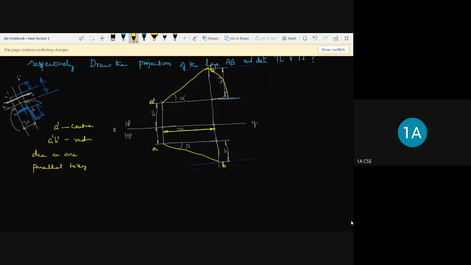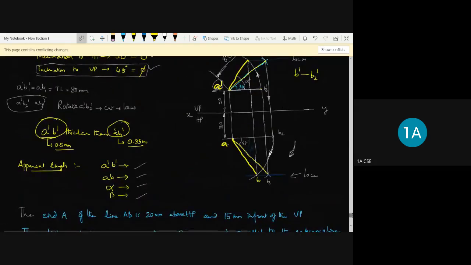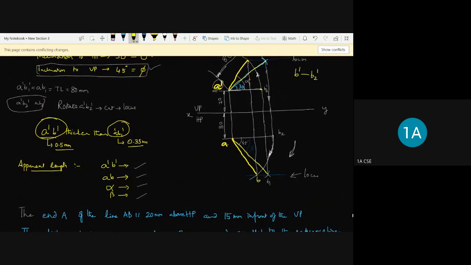What does that point show? It shows B2 dash. Then how did you get B2 dash? See, if you look at the previous diagram, B2 dash is obtained from B1, because from B1 we projected upward to meet the A dash line, so that we get the intersection point. So B2 dash is obtained from B1.